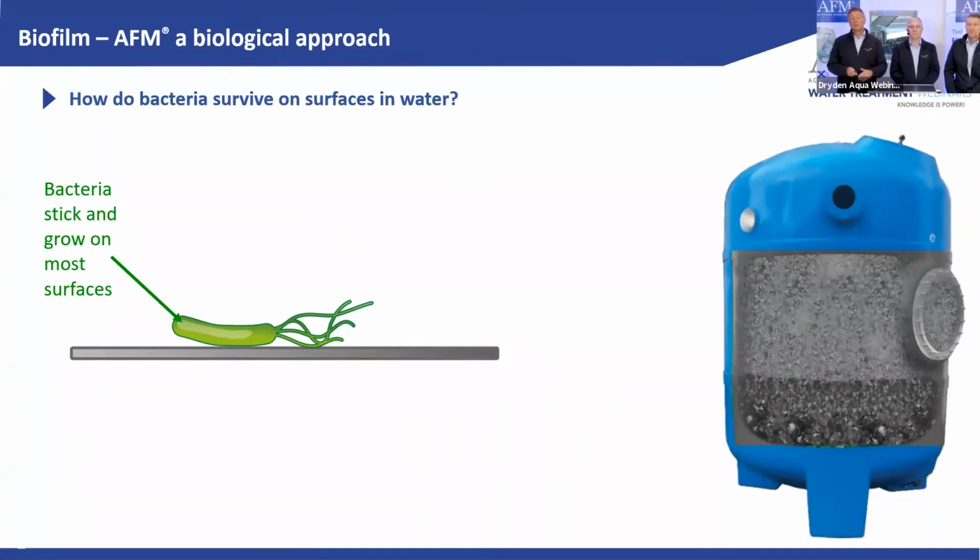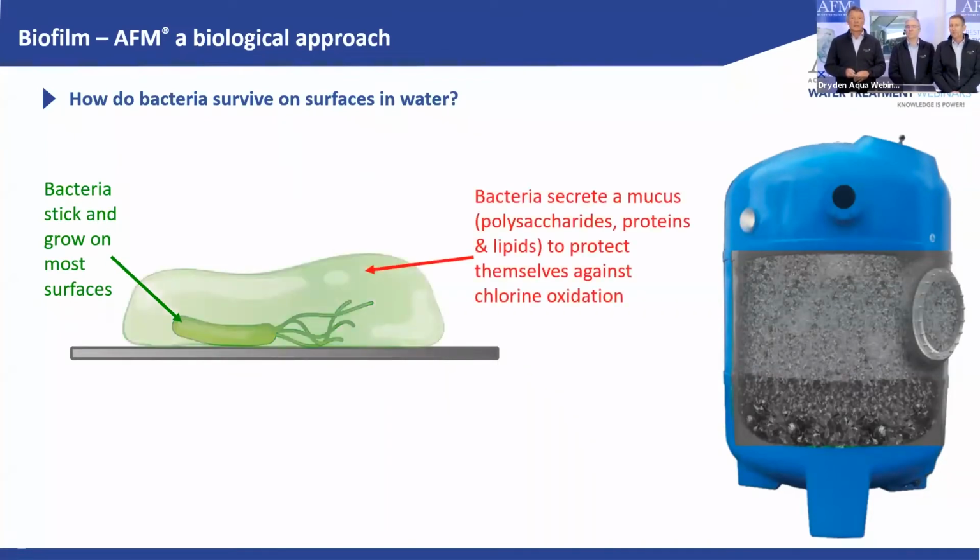The moment they attach to a wet surface, they secrete a mucus, a slime, to protect themselves against chlorine oxidation. They want to survive. That's the biofilm you see and feel. This bacteria covered by this slime, that's a biofilm.